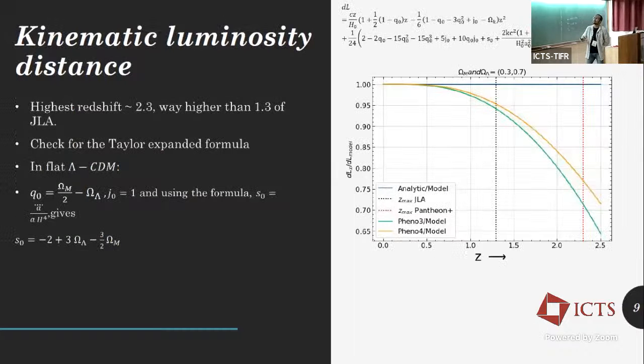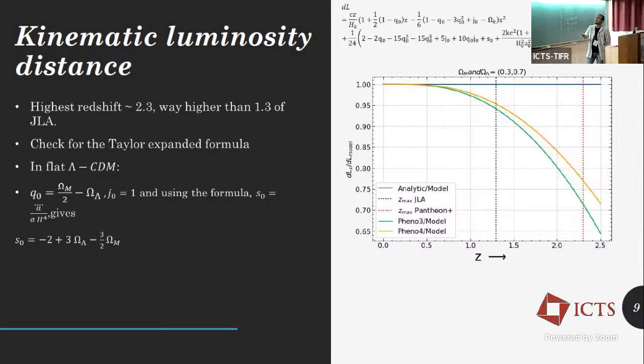The kinematic luminosity distance is basically a Taylor expanded luminosity distance, so it doesn't fit well at higher redshifts, which we can see here. This is the normal ΛCDM luminosity distance, while these are the Taylor expanded luminosity distances, and this is the range of the Pantheon Plus compilation, while this is the highest redshift of the JLA compilation.